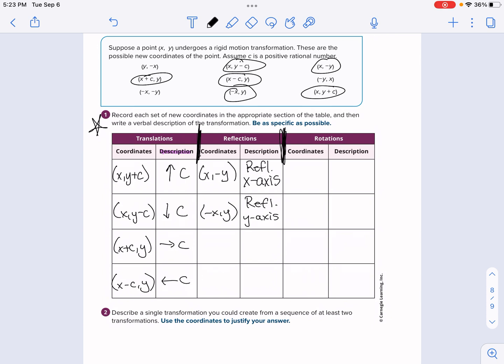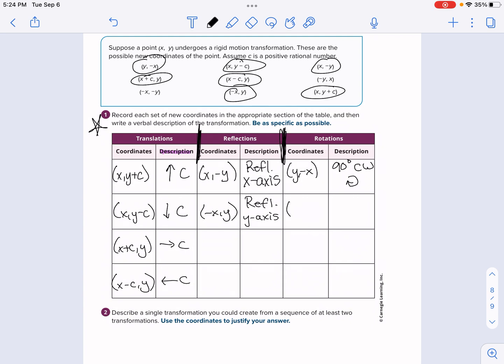And the last ones that are more familiar for us, there's 3 of them. We'll go to this one right here. All right, this is y comma negative x. So we're switching and making x the opposite. This describes a 90-degree clockwise rotation. So this way. Right, so if the test asks you to rotate it clockwise 90 degrees, you know to switch them, make x the opposite.